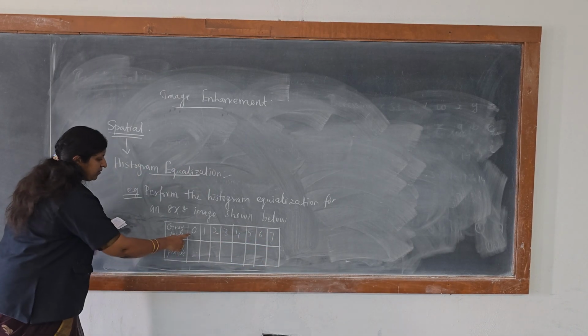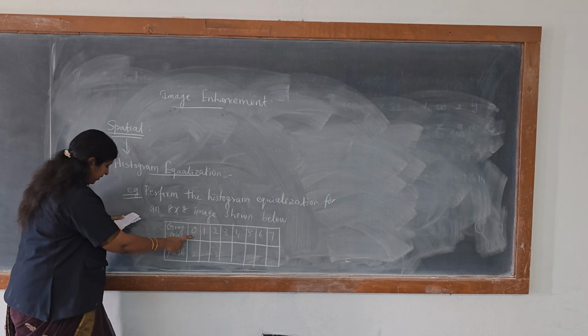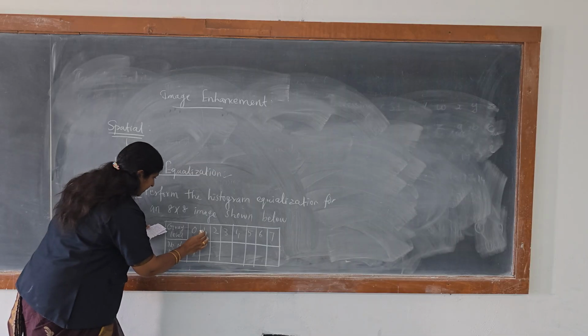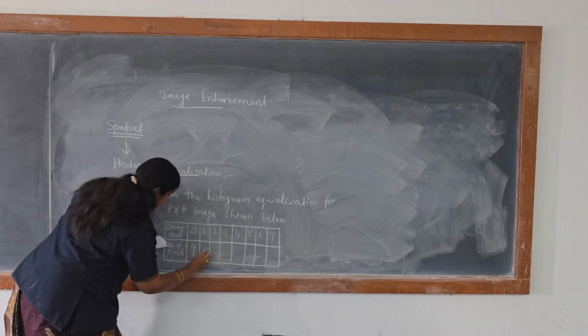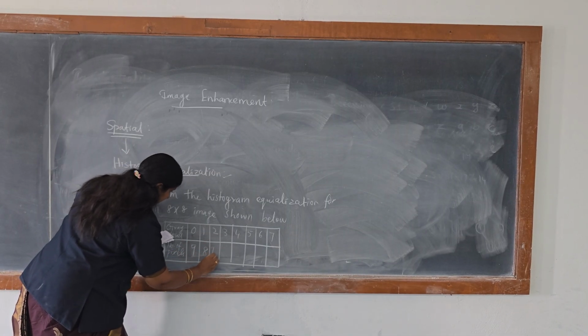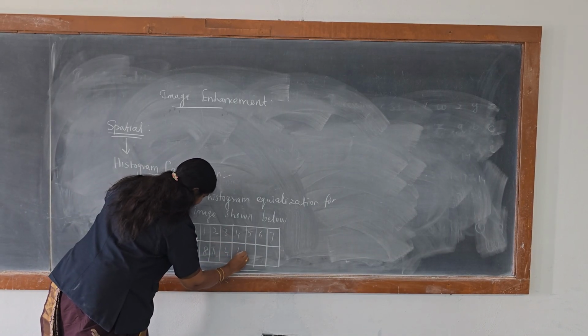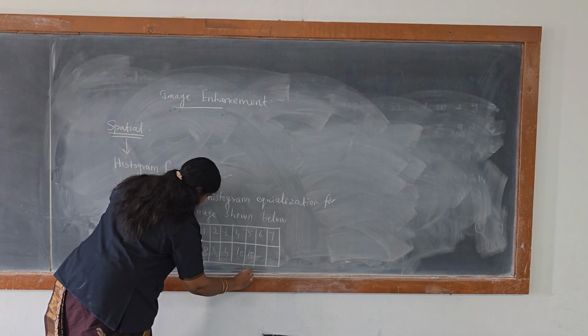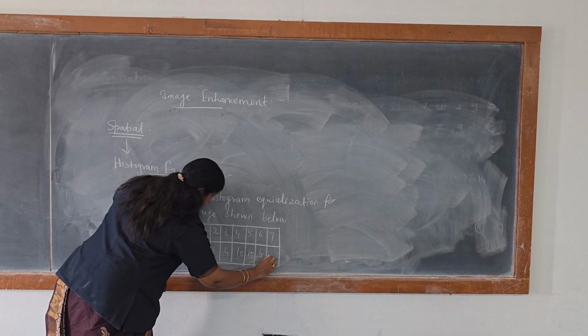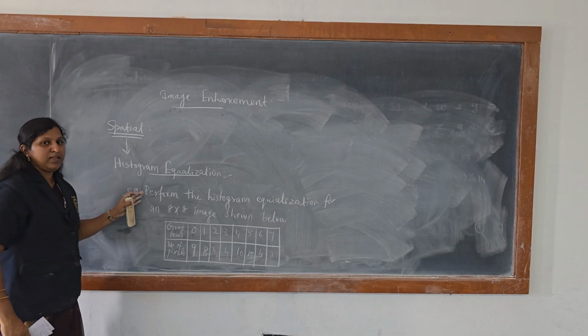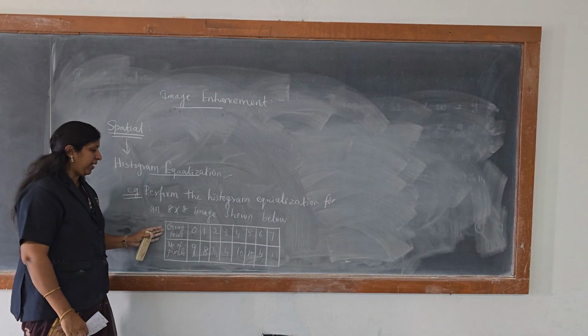The intensity value 0 occurs 9 times in the image matrix, 1 occurs 8 times, 2 occurs 11 times, 3 occurs 4 times, 4 occurs 10 times, 5 occurs 15 times, 6 occurs 4 times and 7 occurs 3 times. Okay, so this is the given table.